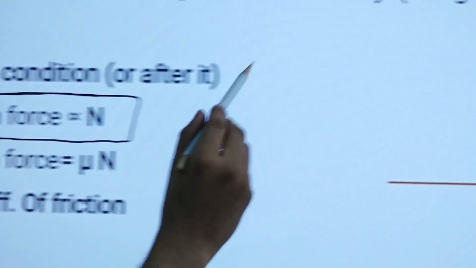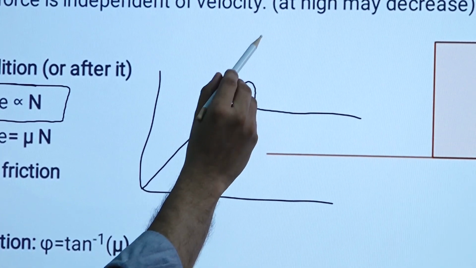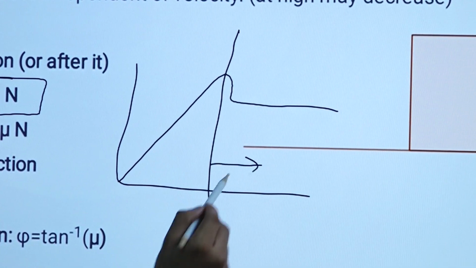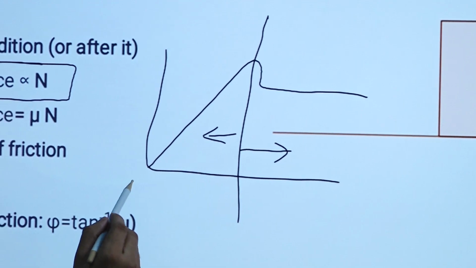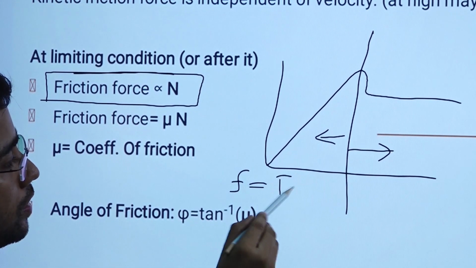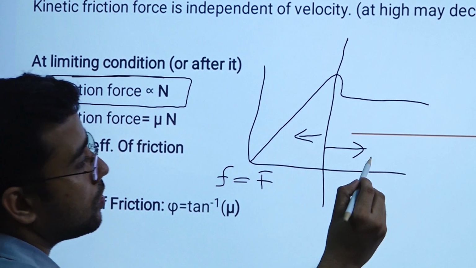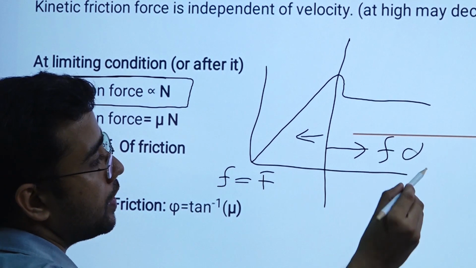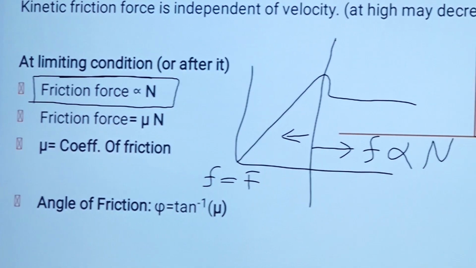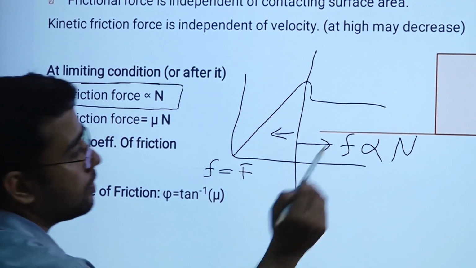Okay. So what happens? I will make the diagram again. Now I am talking about the area this way. Before this, the friction force, suppose small f, is equal to the force applied. After this, what will happen? The friction force is proportional to N. What is N?